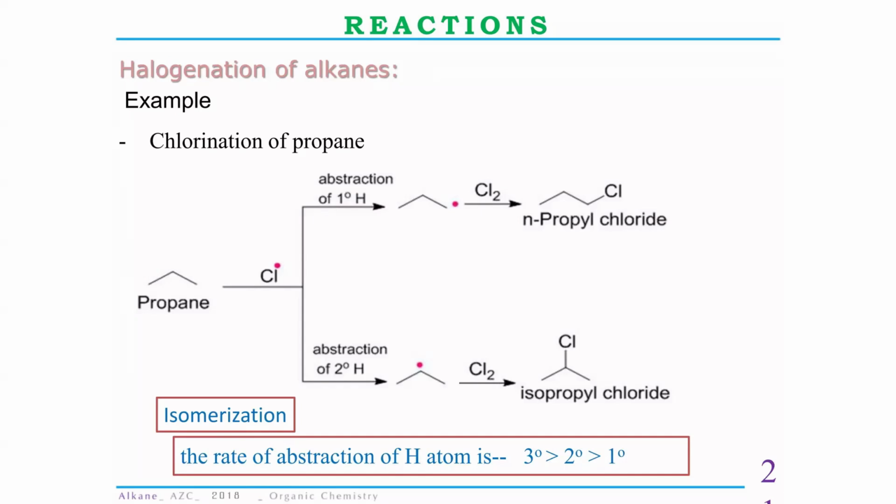In the second reaction, the chlorine is added at the secondary carbon, and that is why we have isopropyl chloride.